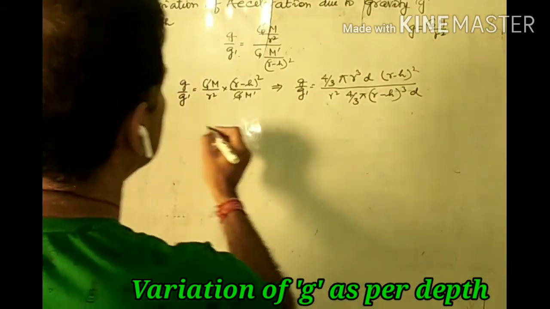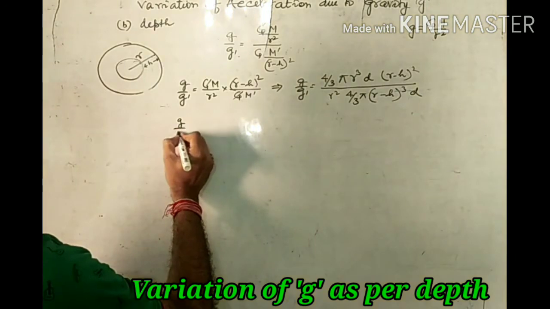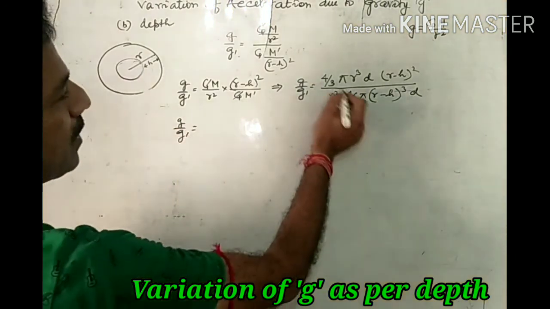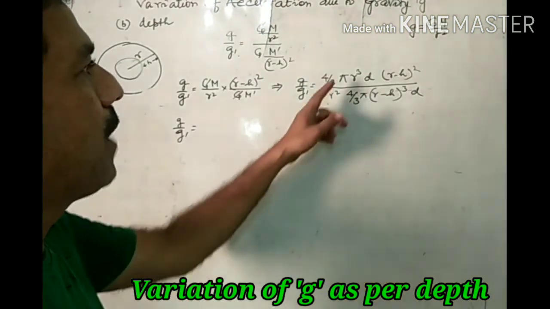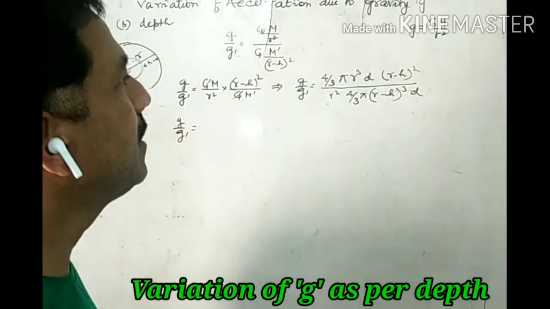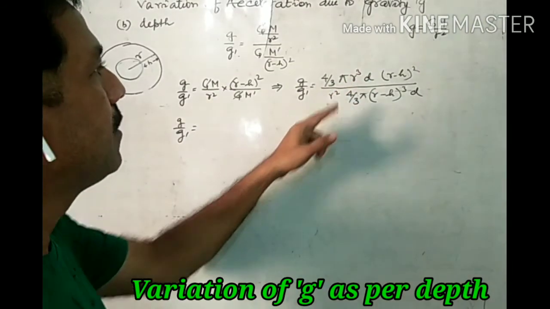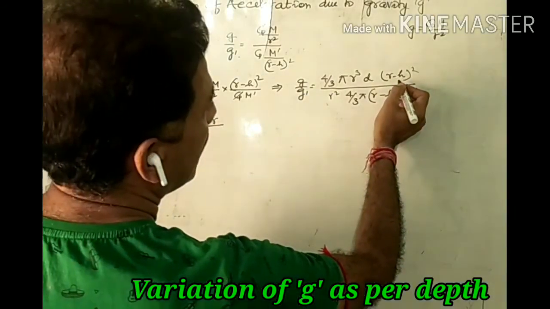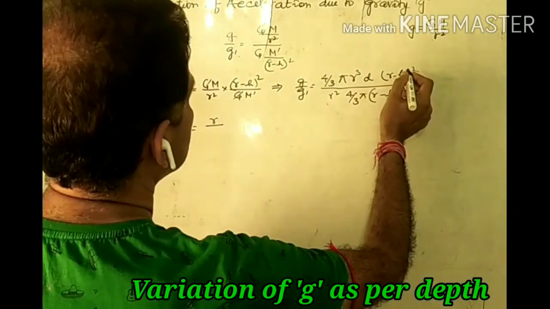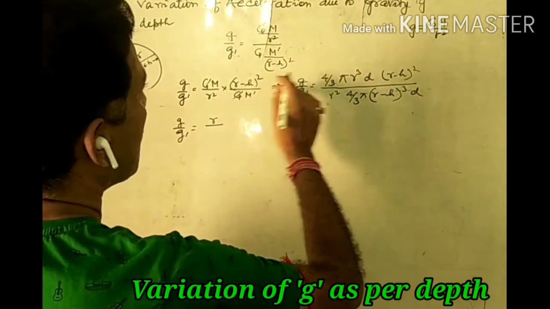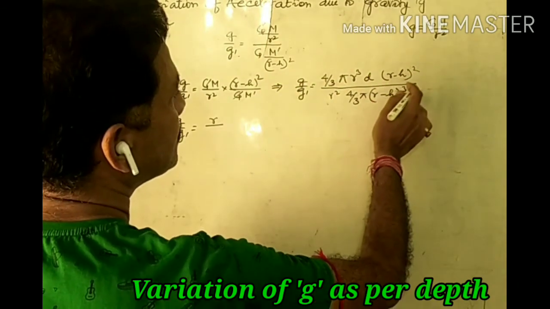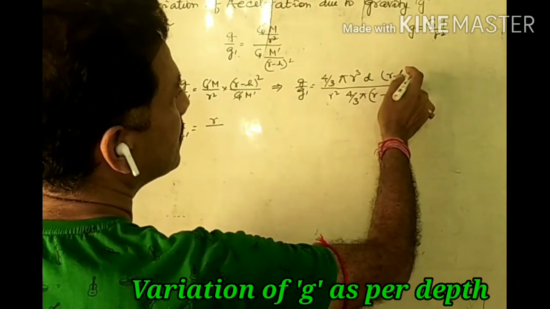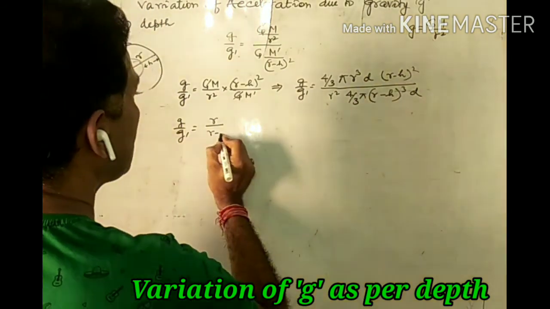So what will be g by g dash? 4 by 3 cancelled, pi cancelled, d cancelled, R cube cancelled by R square will be R, and (R minus h) cube will be cancelled by (R minus h) square, giving R minus h.